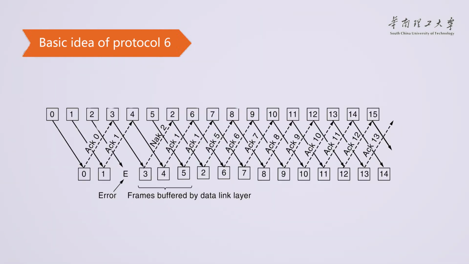So again, we have an example to explain how Protocol 6 works. In this example, again, we get an error for frame 2. When frame 2 gets an error, all the other later frames will still be successfully received and buffered. When frame 2 gets retransmitted and successfully received by the receiver, then all the buffered frames will be delivered to its network layer in the right order.